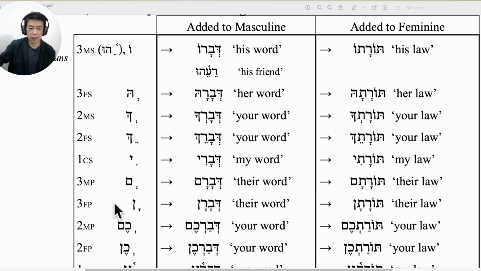For the third person feminine plural, a nun is added to the end of the word. So their word becomes Devaran, and their law becomes Toratan.